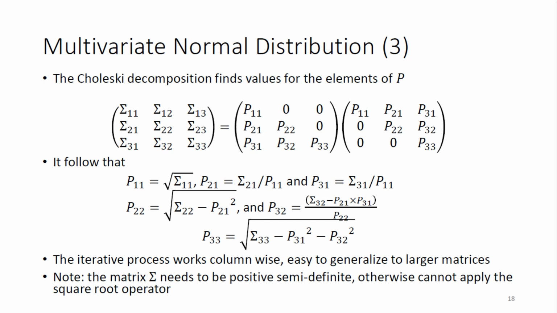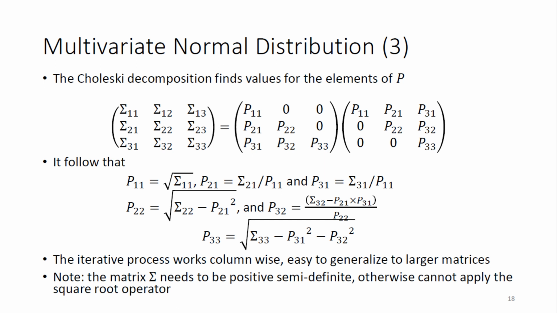So I need to multiply it with its transpose, and if I do all the multiplications and try to arrive at the values for all these P's, then the first element P11 is very easily found, because P11 times P11 should be equal to sigma 11, so P11 is equal to the square root of sigma 11. Once I have P11, it's easy to determine P21, because I simply take the covariance element 21 and divide it by P11.